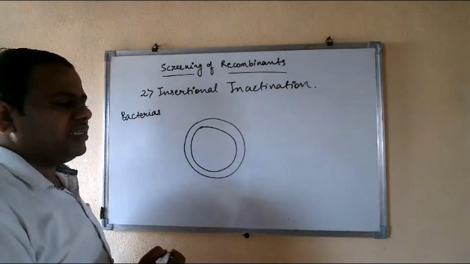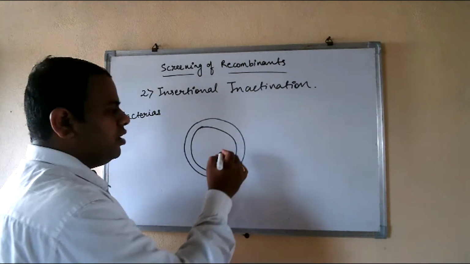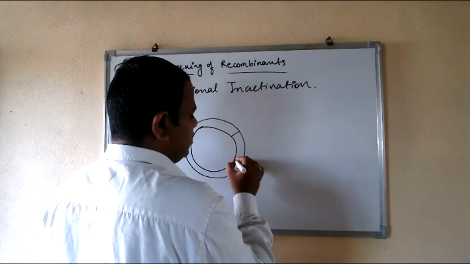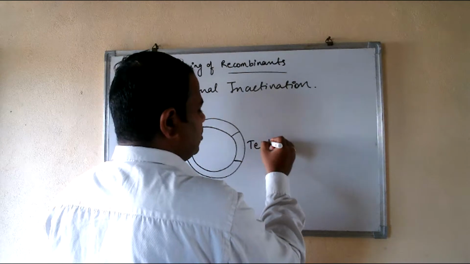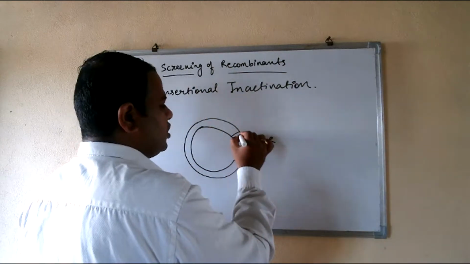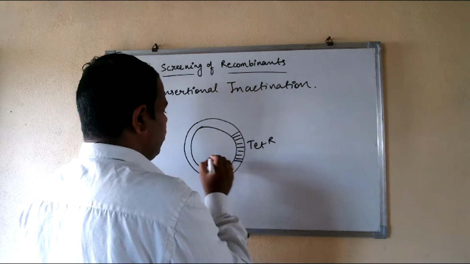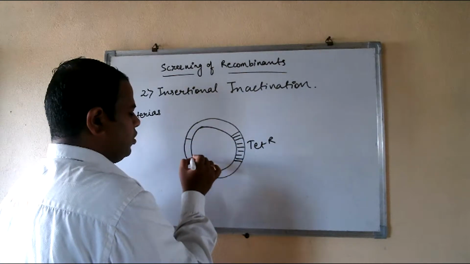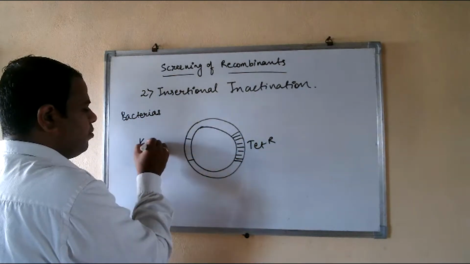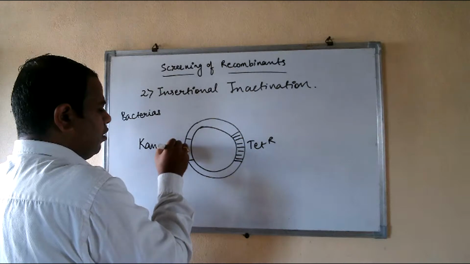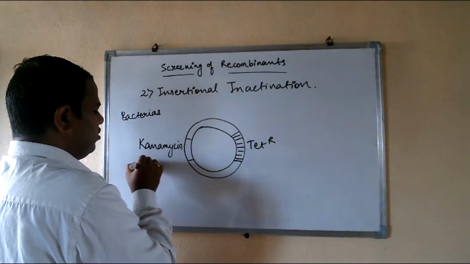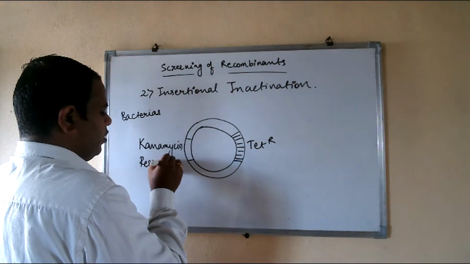So this plasmid has a number of genes. For example, a gene is there that is tetracycline resistance. Another gene is there, that is kanamycin resistance.